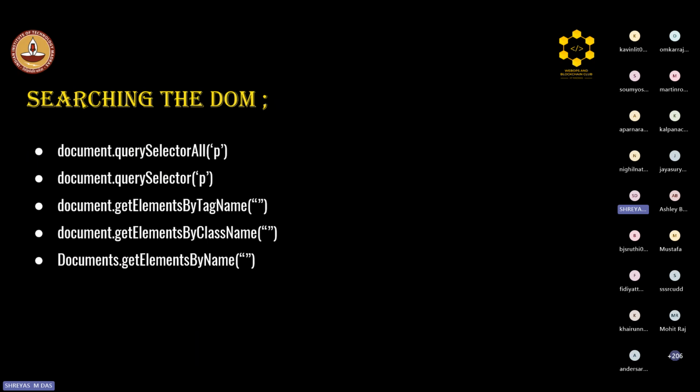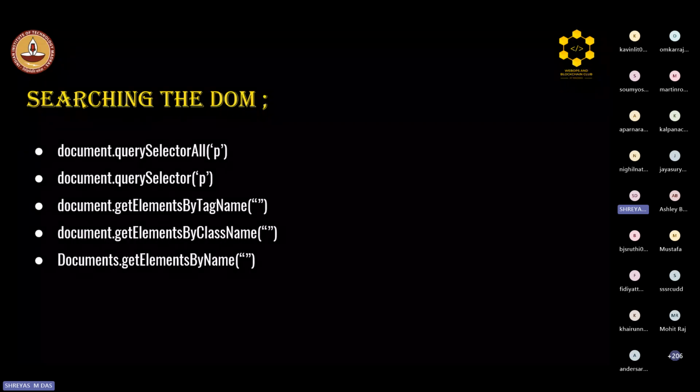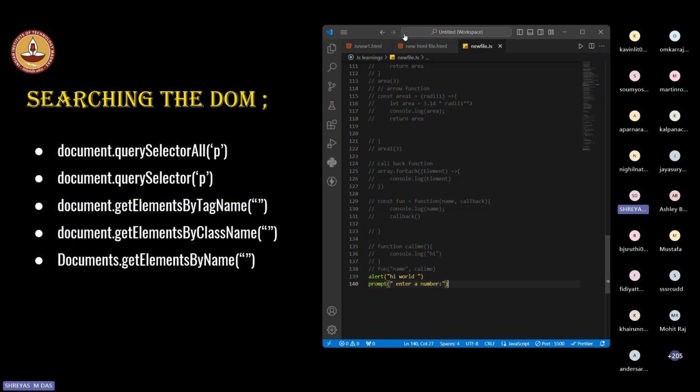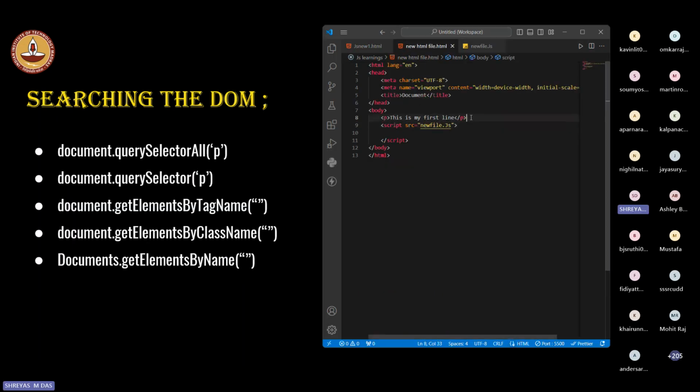So the way you access an array, similarly you can get the corresponding tag and element through this code: document.querySelectorAll p. So let me have an element. Similarly, let me just make different p text.